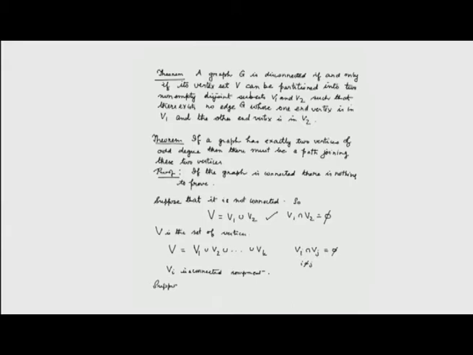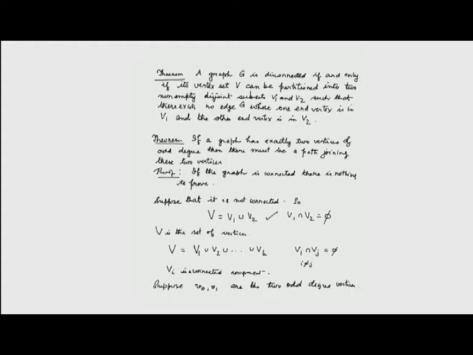Now, the question is where the odd degree vertices will lie. Suppose small v0 and small v1 are the two odd degree vertices.